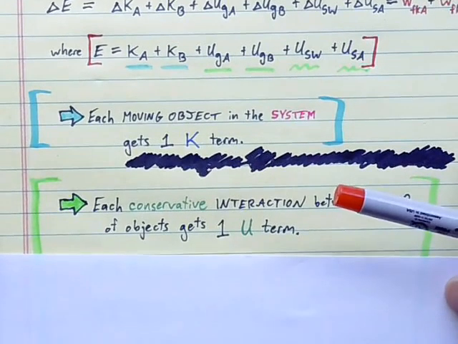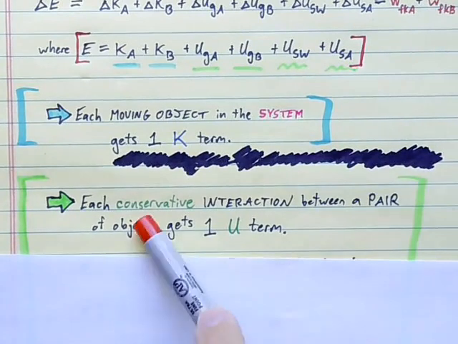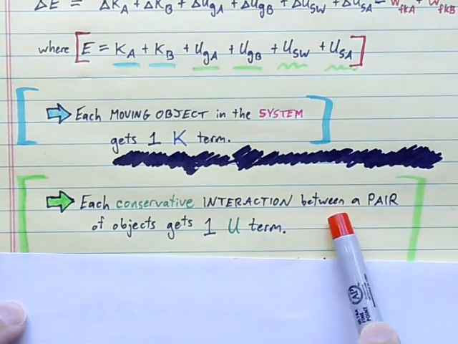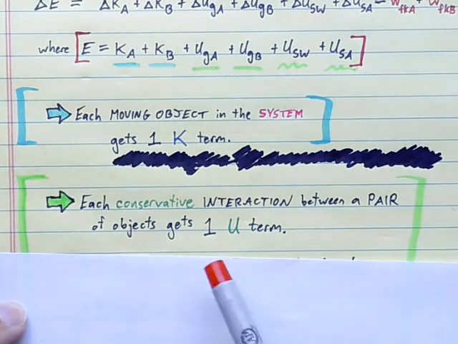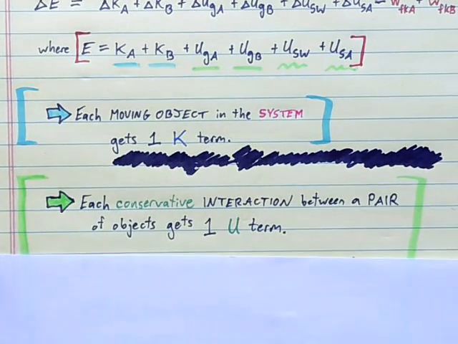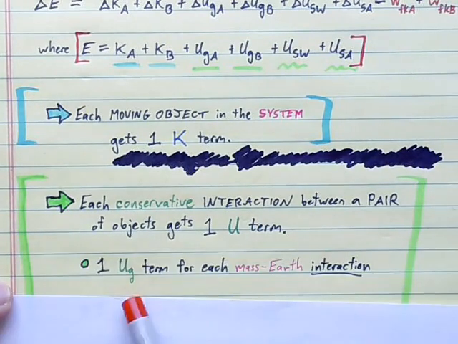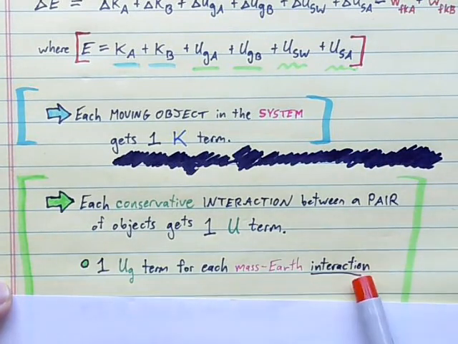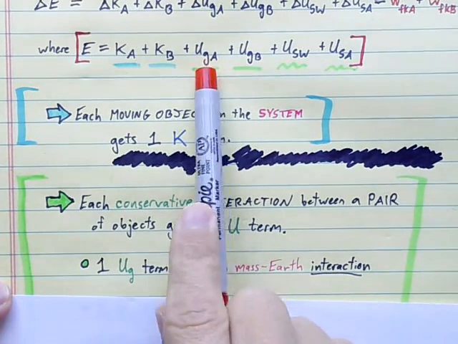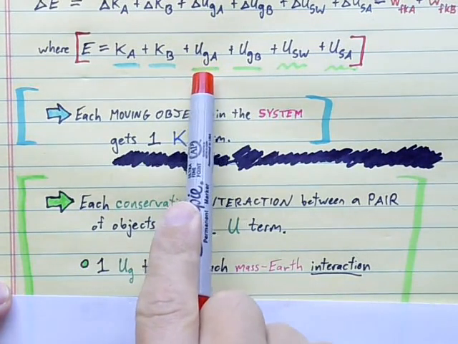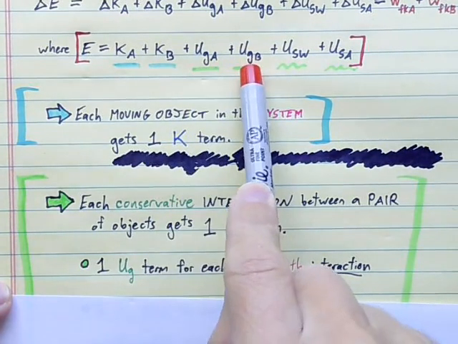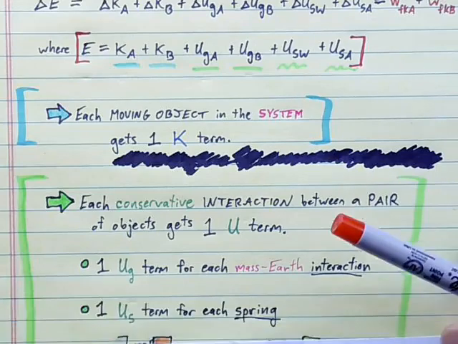And now for the potential energies, what terms to include? Each conservative interaction between a pair of objects gets 1 potential energy term. So there is 1 gravitational potential energy term for each mass-Earth interaction. So this is the interaction between mass A and the Earth, 1 term. Interaction between mass B and the Earth, 1 term.